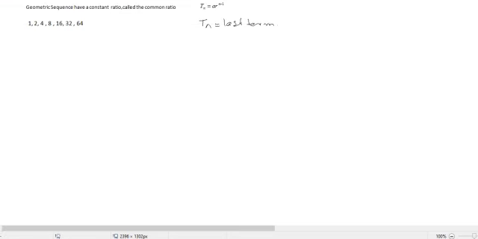Tn is the last term, or we can make it like this. Where is a pen? Sorry. Tn is equal to the last term of the sequence.